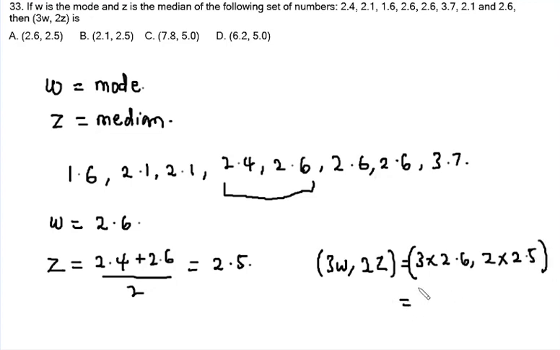So this is equal to 3 times 2.6, which is 7.8, 2 times 2.5 is 5. The answer that correlates to this is answer C. So let's move on to the next question.